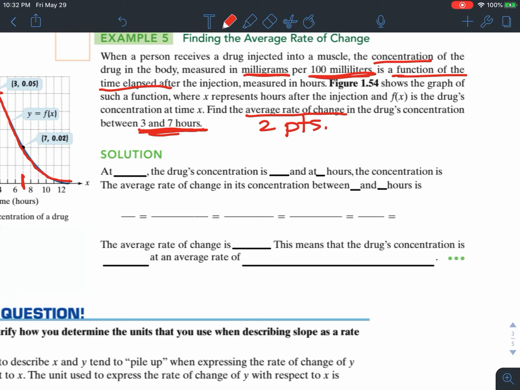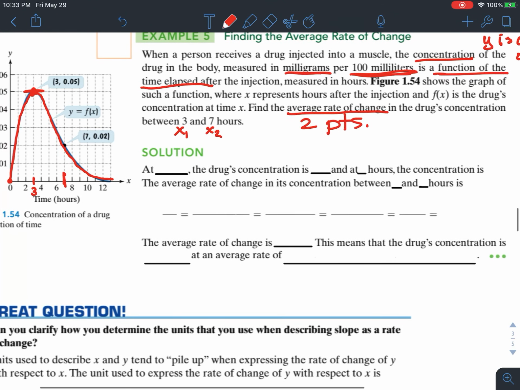So the concentration is a function of the time. Y is a function of X. Whatever they say first is the Y, whatever they say second is the X. It's really that easy. So these are X numbers. My first X is 3 and my second X is 7.